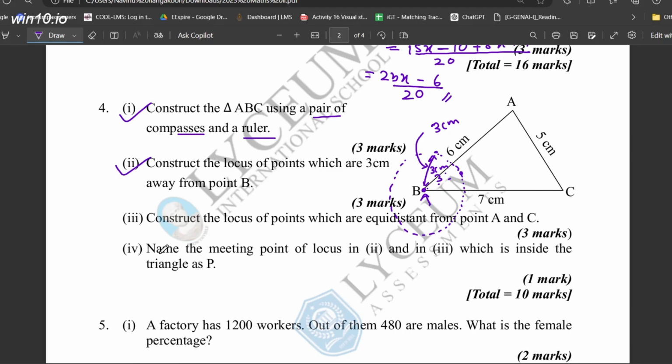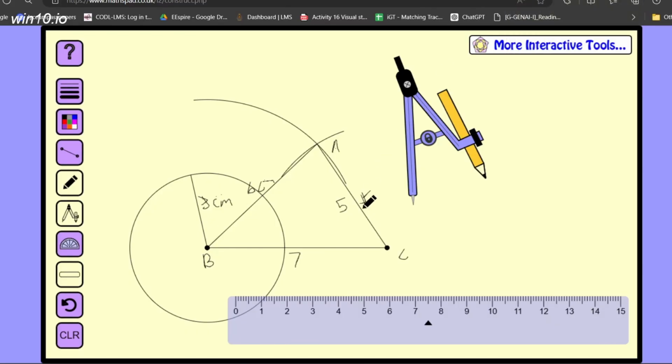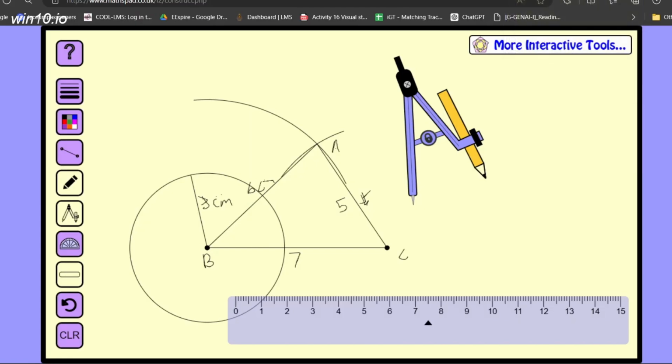Now the third part. Construct the locus of points which are equidistant from point A and C. Okay, so if we want the equidistant locus of 2 points, what is the thing we have to get?